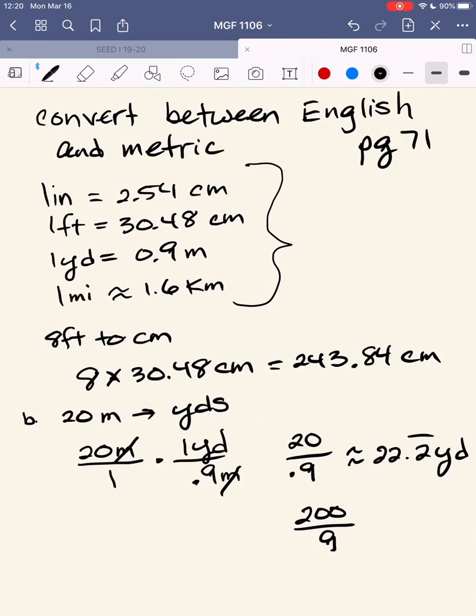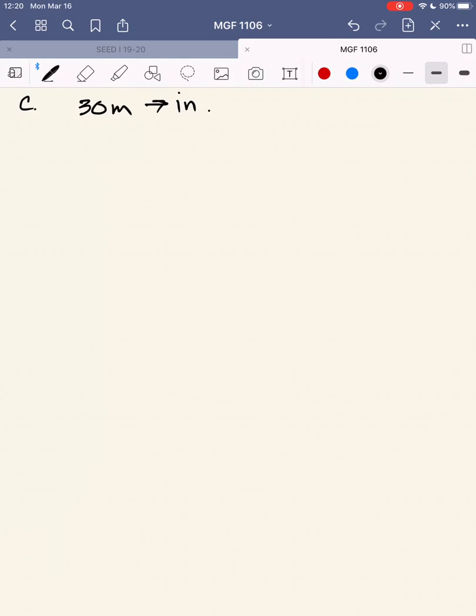Inches goes straight to centimeters. So first of all, I want to convert my meters to centimeters, because I have a conversion from centimeters to inches.